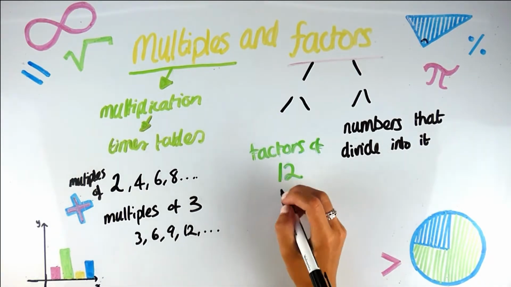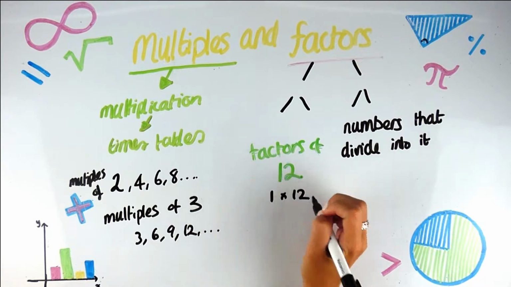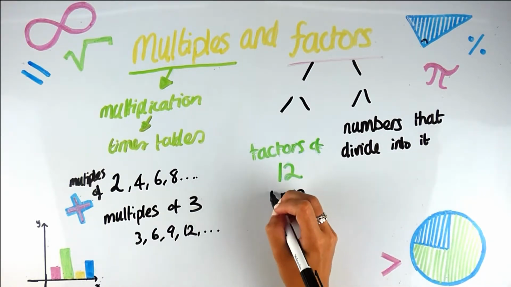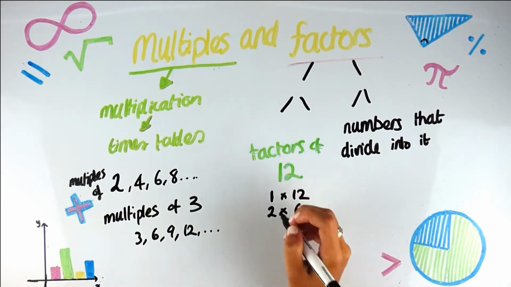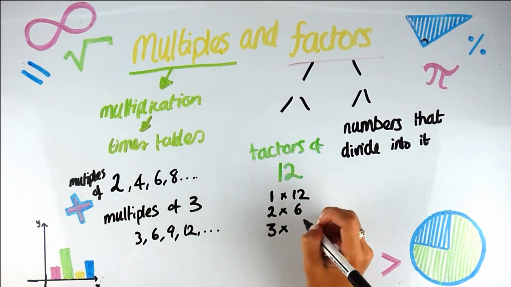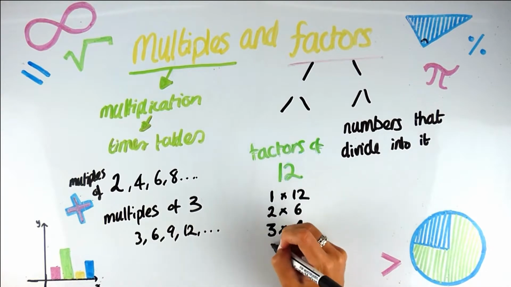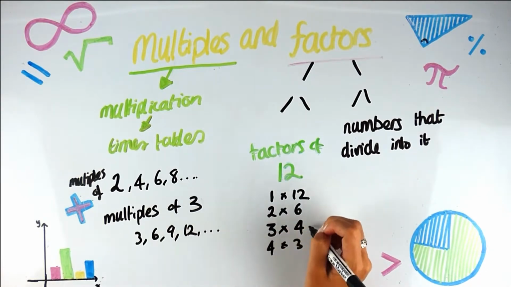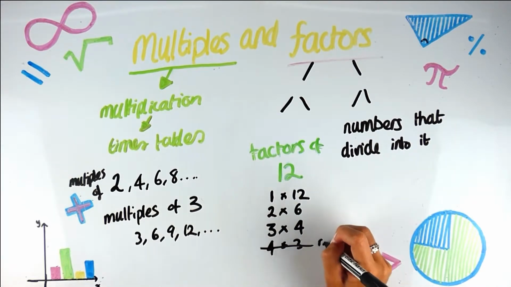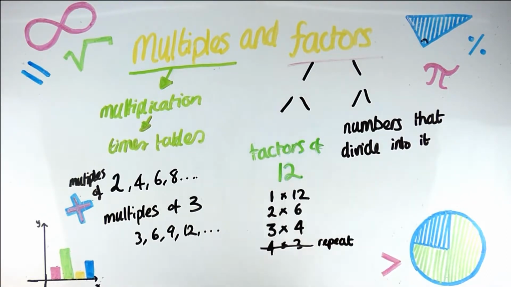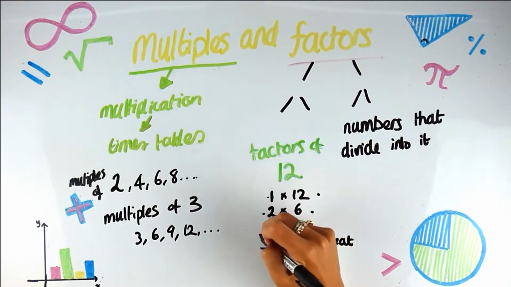You can just start by writing a list. 1 times 12 is 12, then take the next number, 2 times 6 gives me 12, and then 3 times 4 gives me 12, 4 times 3, oh, I've got a repeat, so at that moment I stop, because it's a repeat. And here I have a list of my factors.